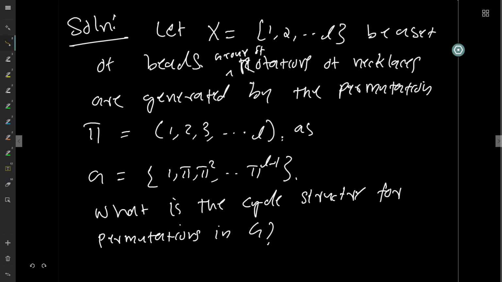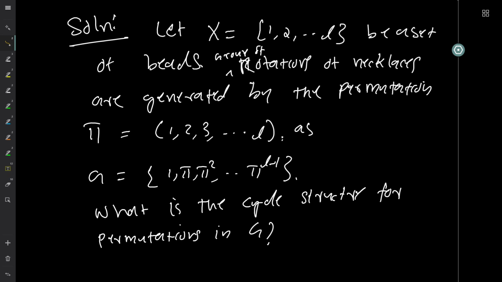So it turns out that if you take any permutation in G, there is only one cycle type, a cycle of some length, and that will appear many times. So all the cycles in each of the permutations will have the same length.